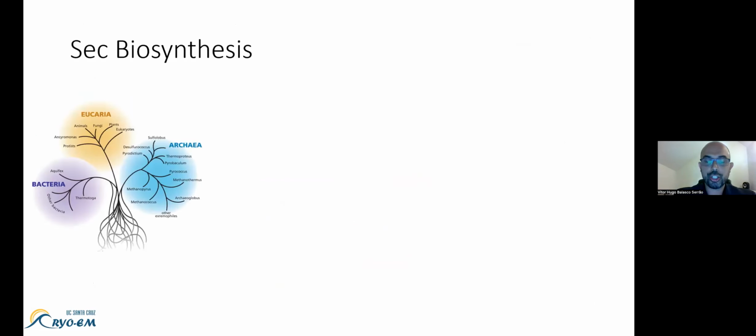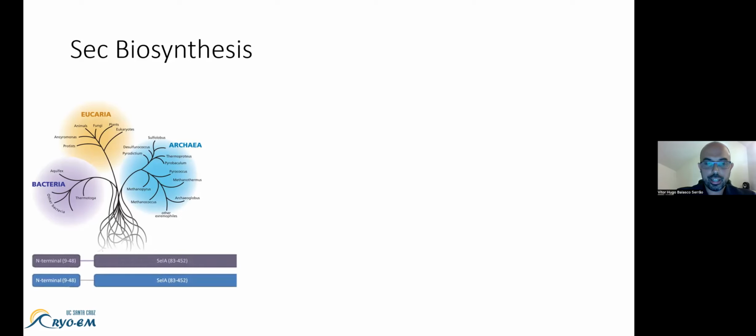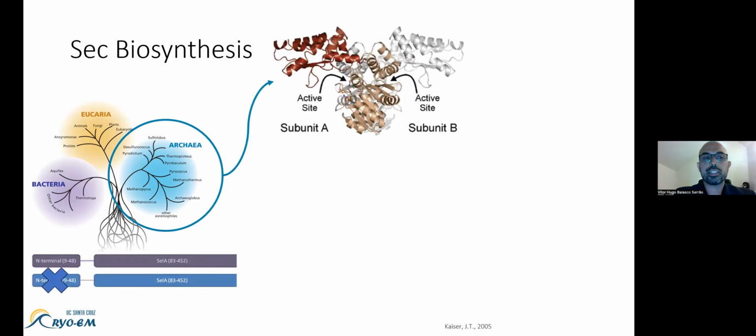Comparing bacteria to other life domains, for example the archaea, if we take the gene or the protein that codes for SelA, there is a unique N-terminal domain in bacteria, and this domain doesn't exist across archaea sequences. A structure was solved in 2005 by crystallography, and it shows up as a dimer, so it doesn't homodecamerize.